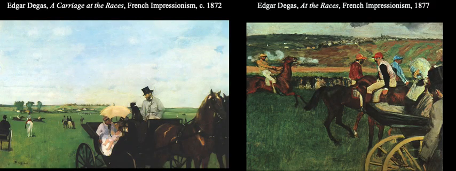Edgar Degas has a couple of infatuations, some of them healthy, some of them not. One, he loves horse races. And so during the 1870s and 1880s, there were a number of racetracks on the outskirts of Paris, and this would be the kind of thing that the middle class would do.